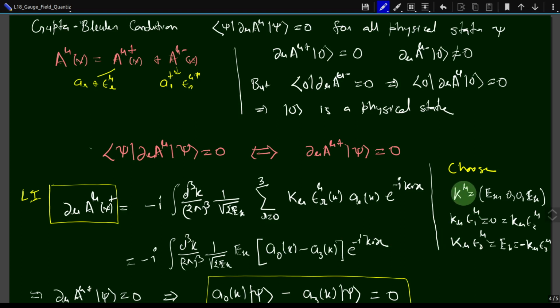So here k^μ is (E, 0, 0, E), so there is no component in the x and y directions, and a component in the z direction only, and of course the energy component is sitting there. So this is my k^μ.